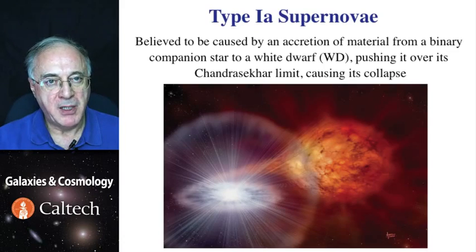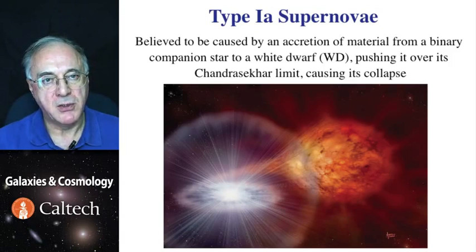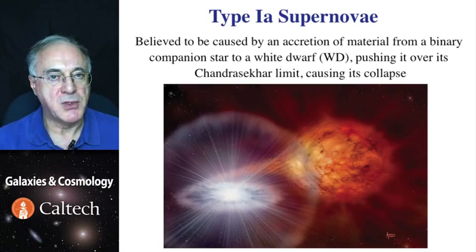Another way of dumping more matter on it is if there is a binary white dwarf and they lose energy by emitting gravitational waves and spiral in. As the two stars merge, you get something that's twice as big as what's sustainable. The effect is the same.